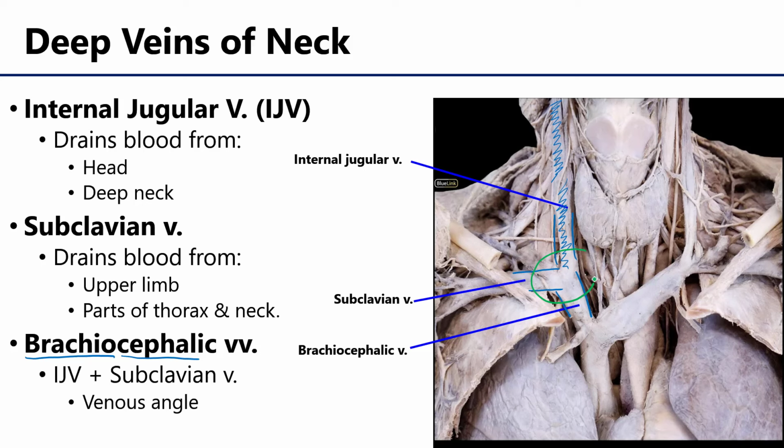So there is the right venous angle and the left venous angle. These venous angles are significant because this is where lymph is returned to the cardiovascular system.